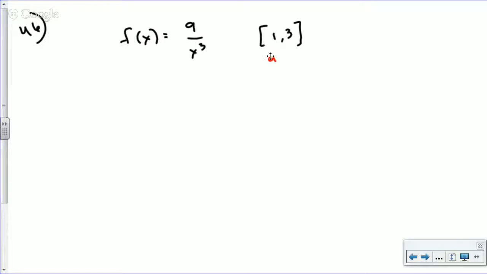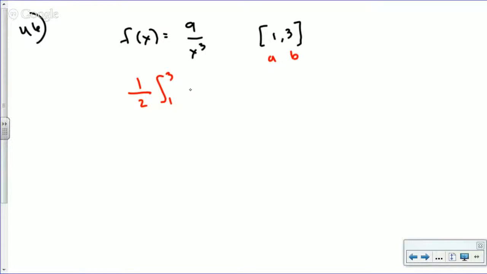Okay, so a is 1, b is 3. And our formula for average value is 1 over b minus a. So in this case, I'd have 1 over 3 minus 1, so 1 over 2, integral from a to b, so integral from 1 to 3, of f of x dx.